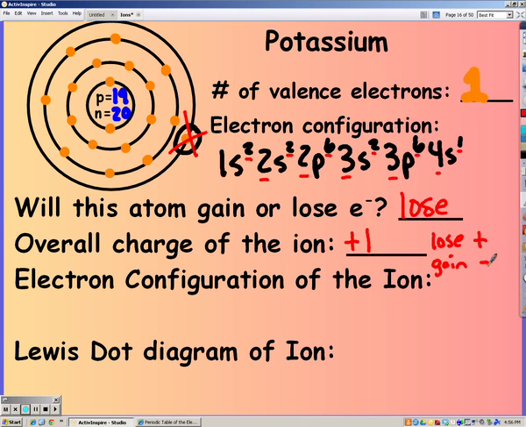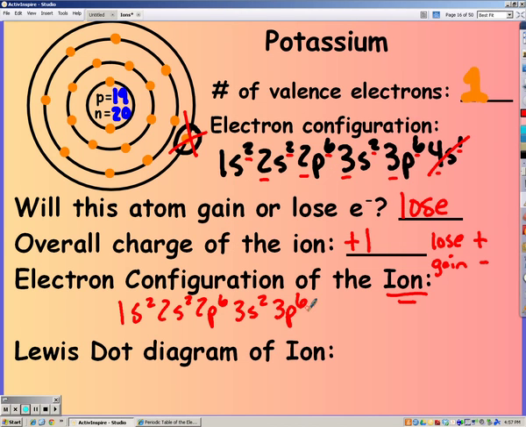So if we're to write the electron configuration of the ion, we're going to write the exact same thing as before, except we're going to remove that 4s1. So now we have the electron configuration of the ion.